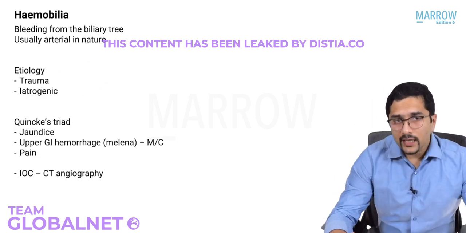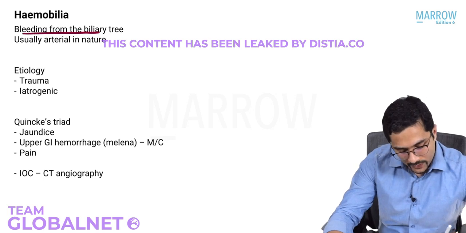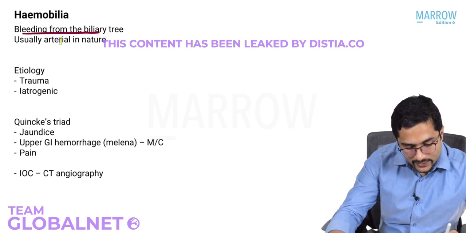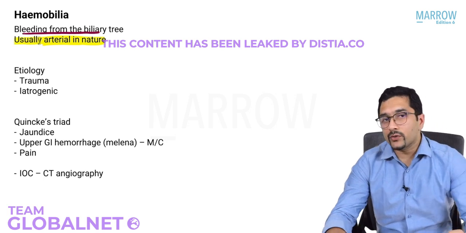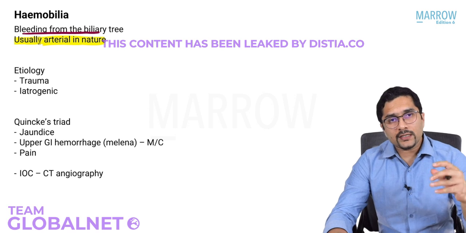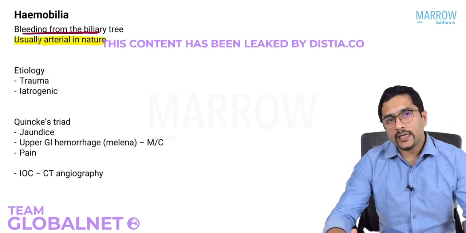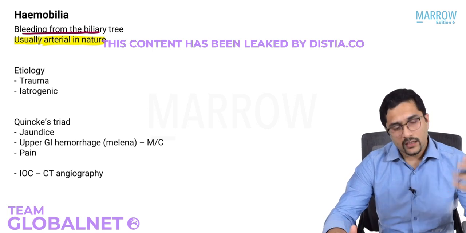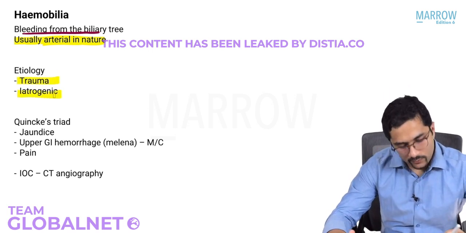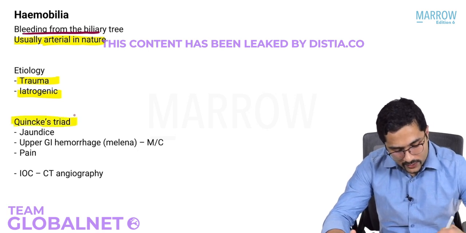So hemobilia is defined as bleeding from the biliary tree, and it is usually arterial in nature. So this is very important for you to know that it is usually arterial in nature. And the etiology is either blunt or penetrating trauma to the liver, or iatrogenic injury can also give rise to hemobilia. Very important in hemobilia is the Quincke's triad.